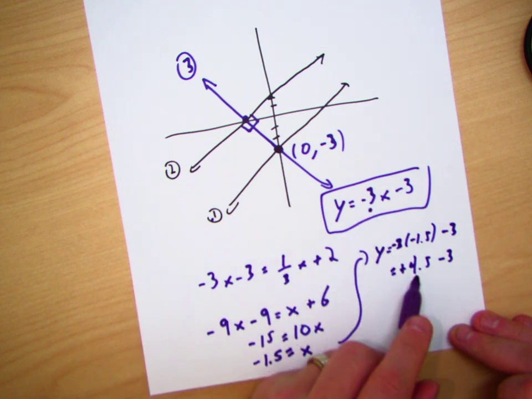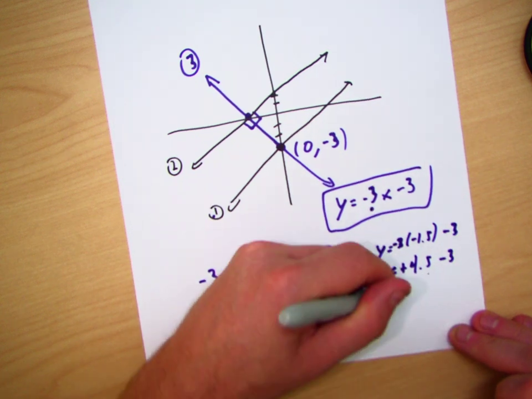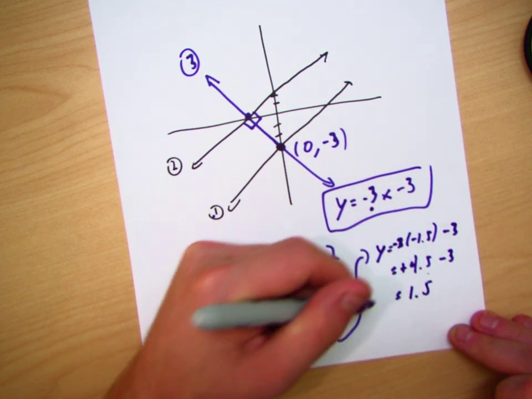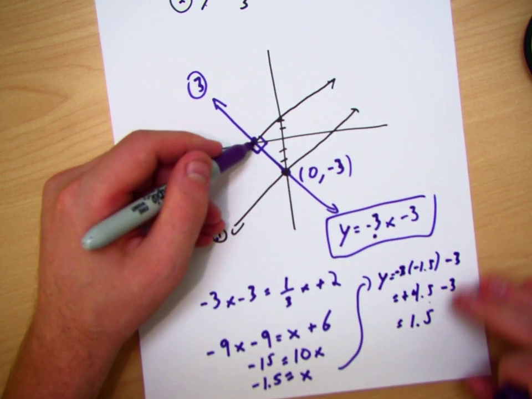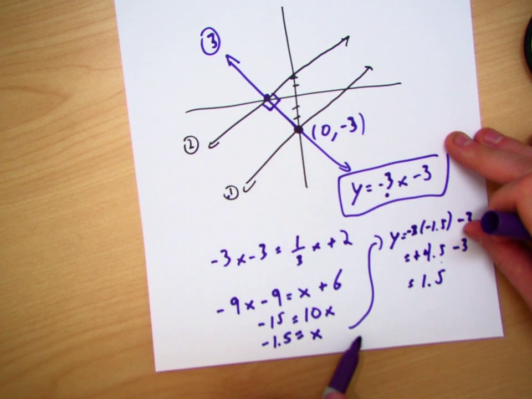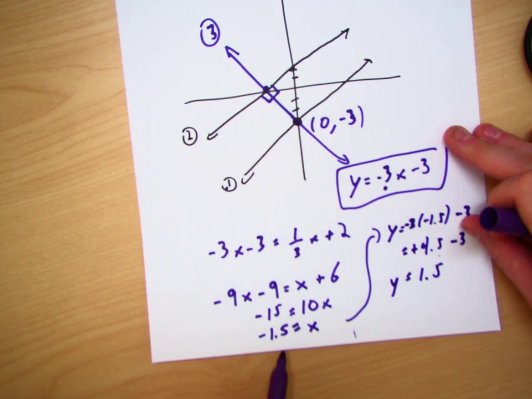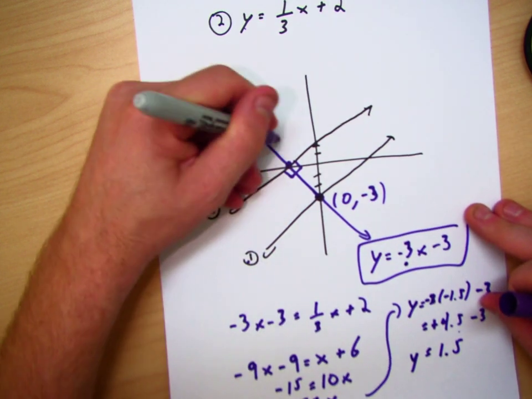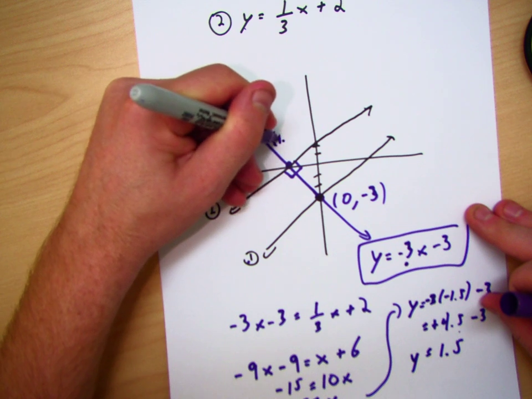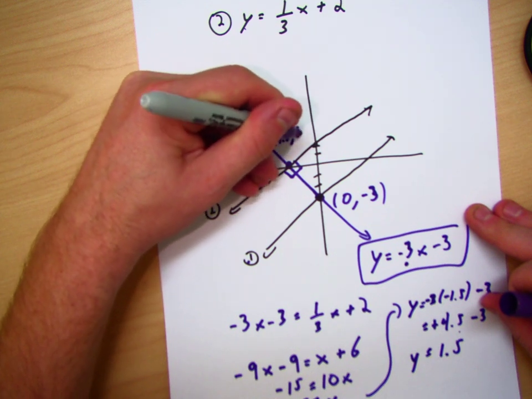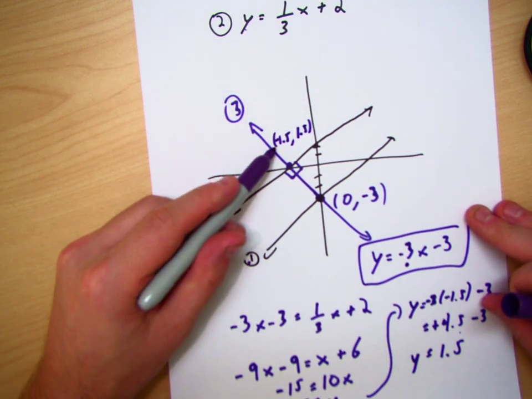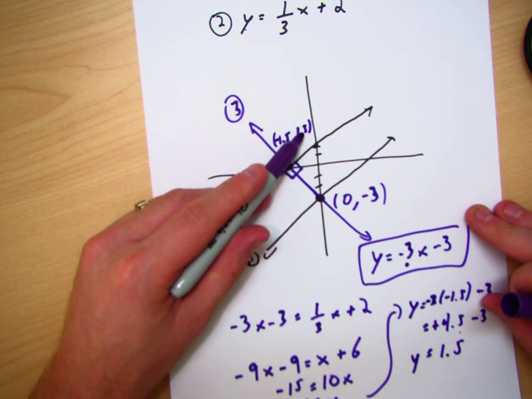I just realized that was a negative 3. And so you'll get plus 4.5 minus 3, which will give you 1.5. In other words, this intersection right here is the point negative 1.5, comma 1.5.